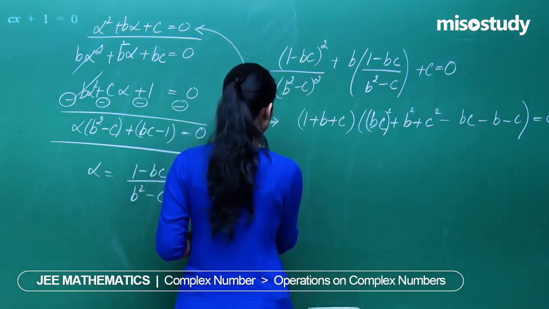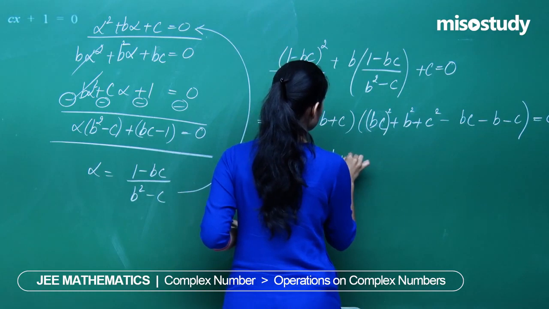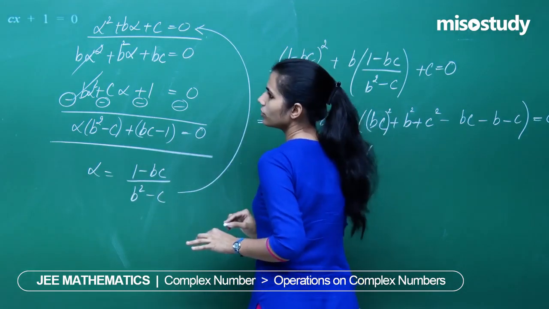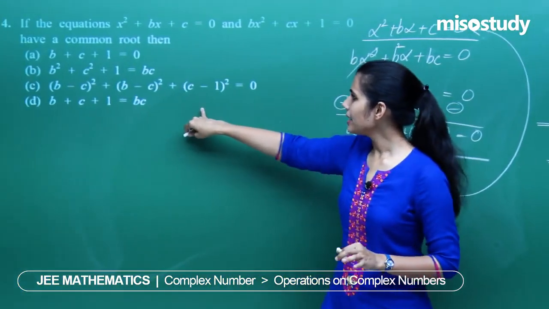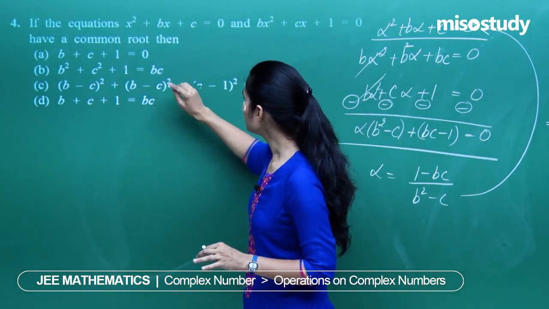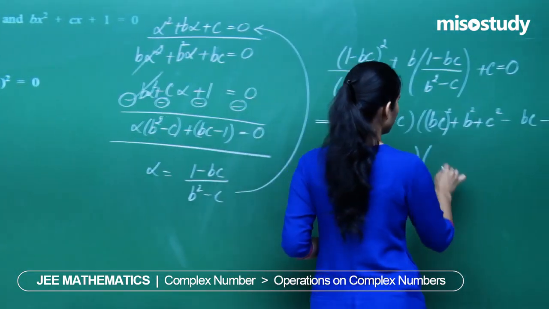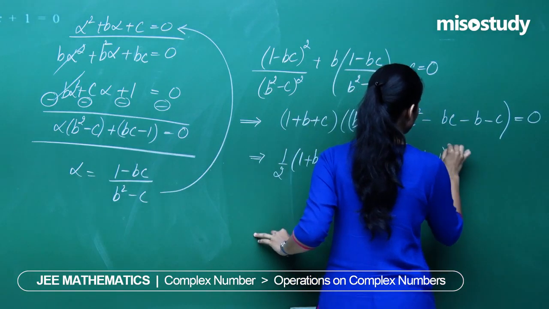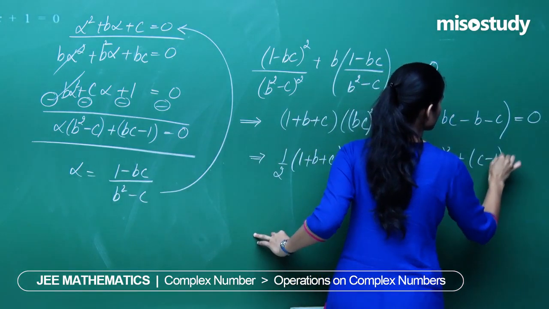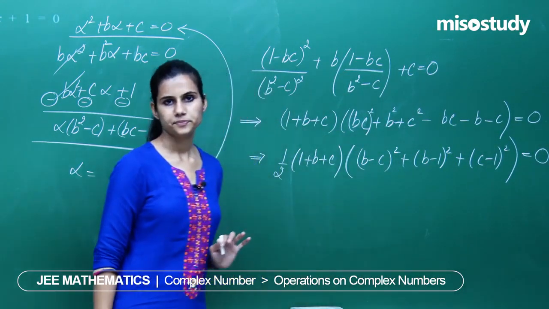Clear? Which you can write as what? Half of 1 plus b plus c into b minus c whole square plus b minus 1 and c minus 1. So you will have b minus c whole square plus b minus 1 plus c minus 1. That's what you're going to have.